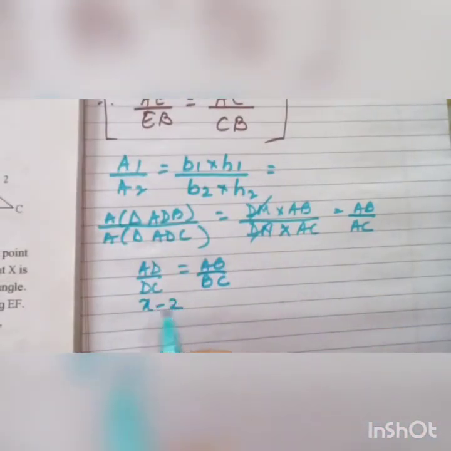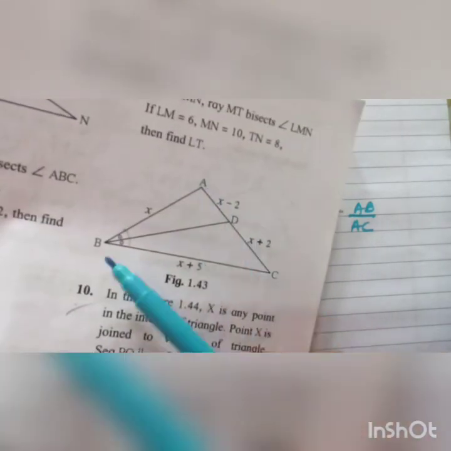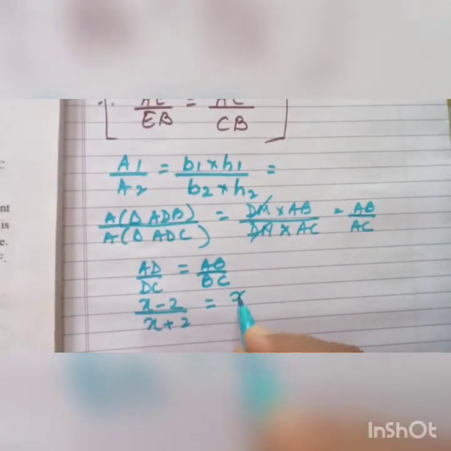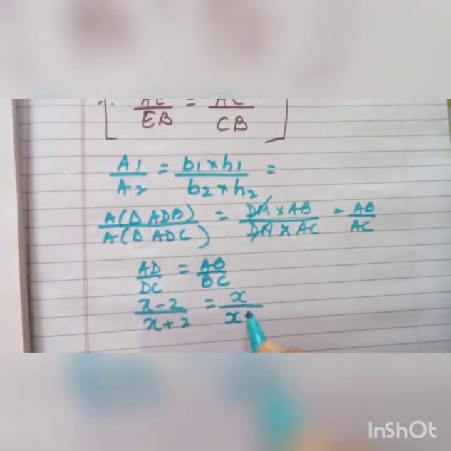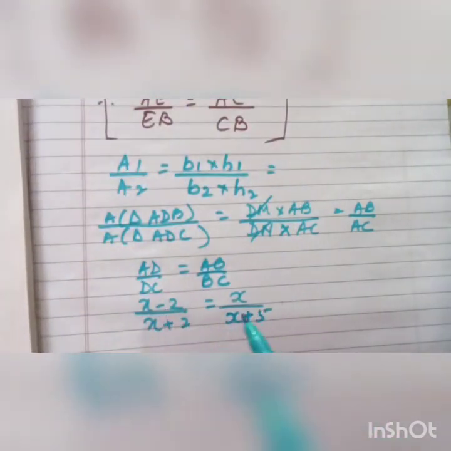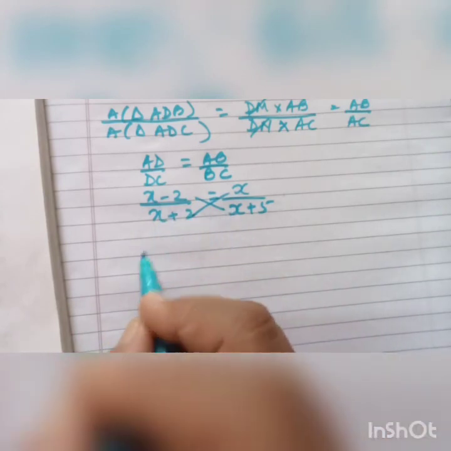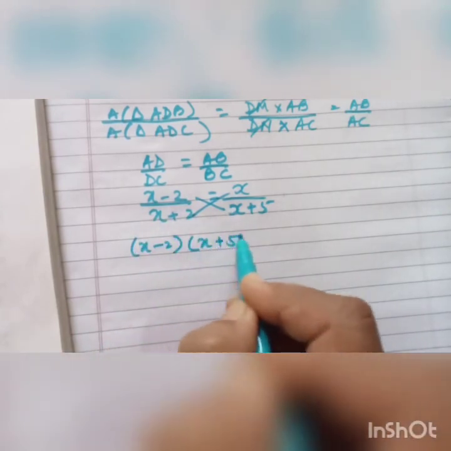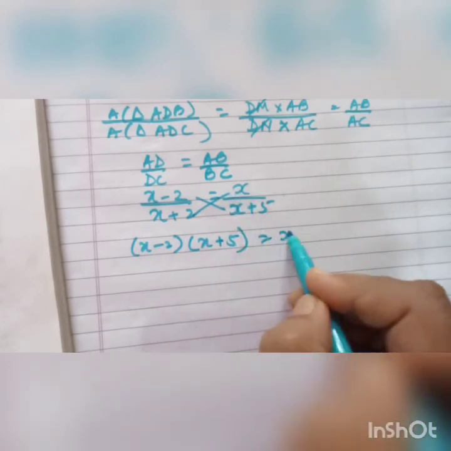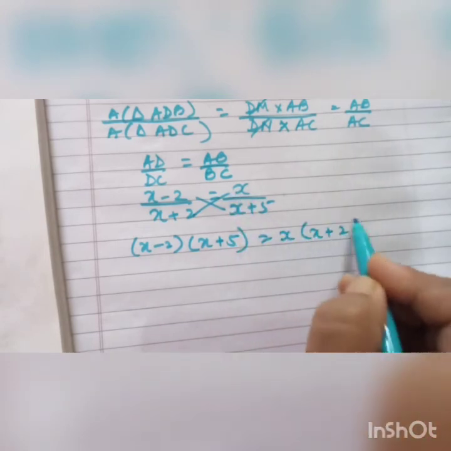X minus 2 upon X plus 2 is equal to what is AB? X upon what is BC? X plus 5. So when we cross multiply this, we have to find the value of X. Cross multiply this, what we get? X minus 2 into X plus 5 is equal to X multiplied by X plus 2.